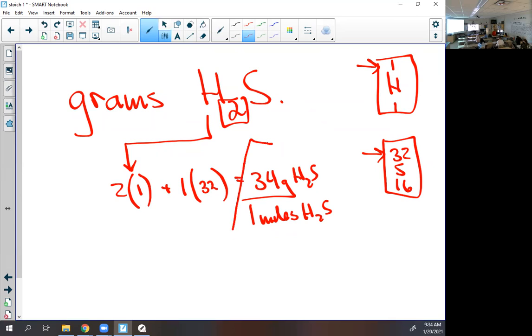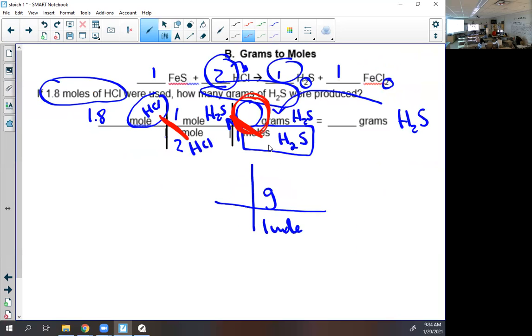Okay, so this is what I need. I need the 34 per 1. I already have the 1, so I need a 34 right here. Okay, then I do the math. 1.8 times 1. If you type that in your calculator, you have issues. All right, times 34, and then divide that answer by 2.